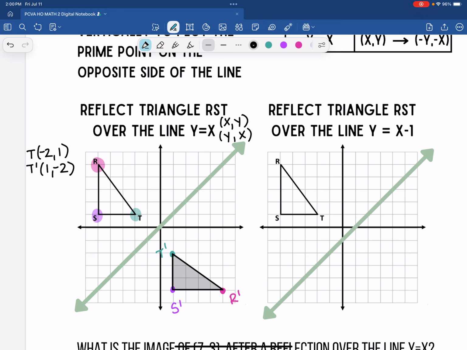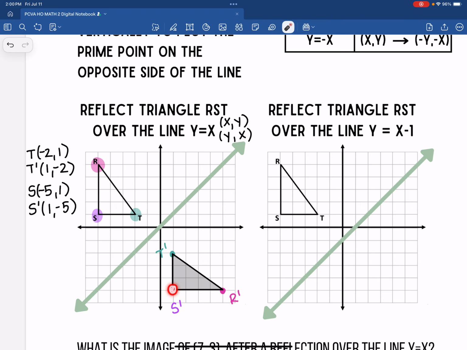Then we have S. The point was -5 and 1. So S prime was going to be 1 and -5. You just switch your x and y. Again, I can go to 1, -5, and there's my S prime.